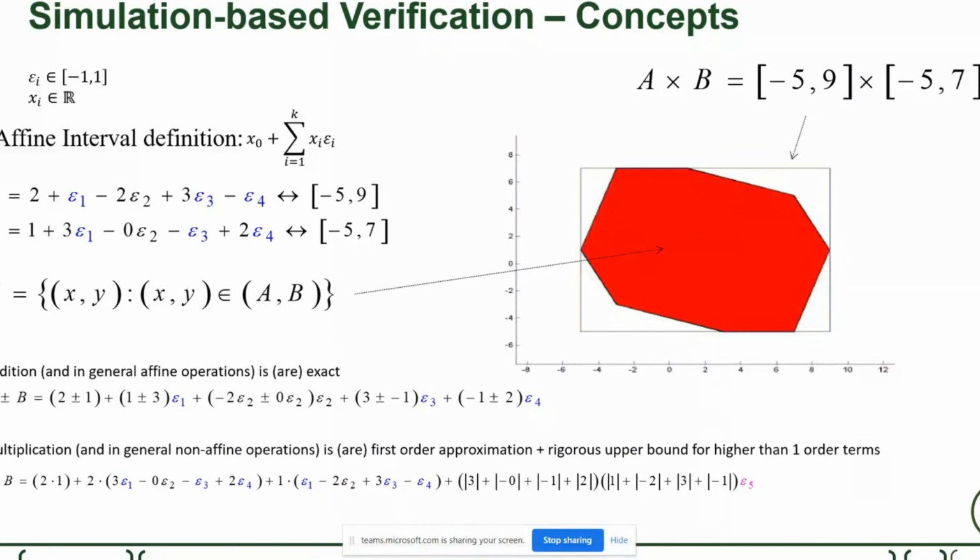And affine operations like addition and subtraction are exact in affine arithmetic. However, non-affine operations like multiplication are typically approximated by an affine operation plus an error term that conservatively bounds the result by introducing a new symbolic noise variable.